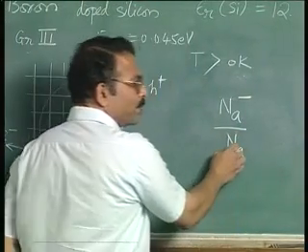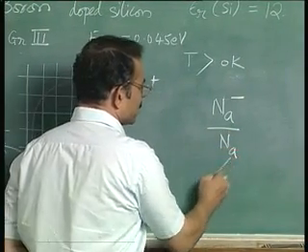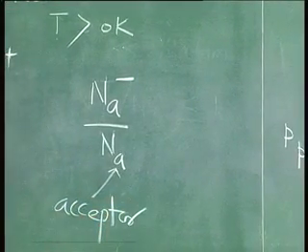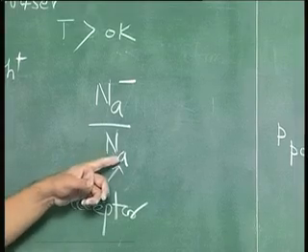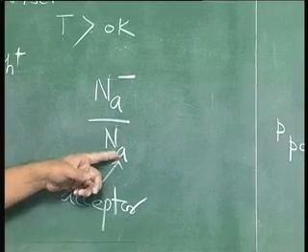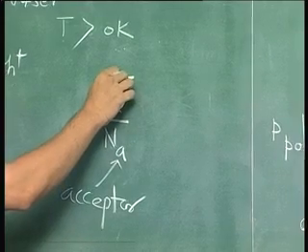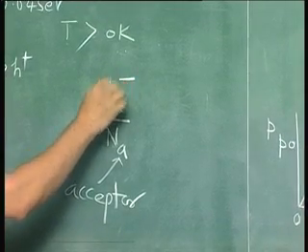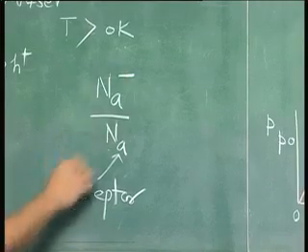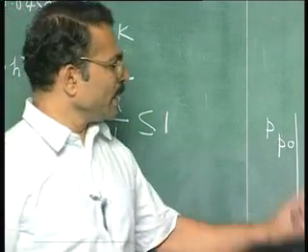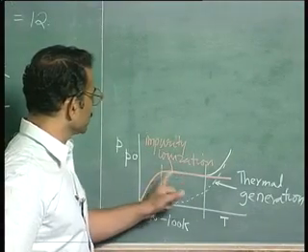Na is the impurity concentration, A stands for acceptor, because boron, or a group 3 impurity, accepts an electron, it is called an acceptor. And Na minus, the minus superscript, indicates that fraction of Na which is ionized. So Na minus by Na is less than or equal to 1. After 50 to 100 K, Na minus by Na is almost 1, so it has saturated.